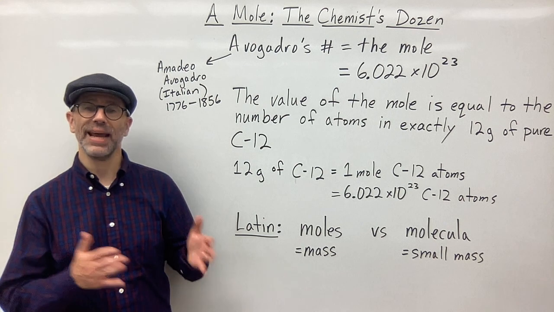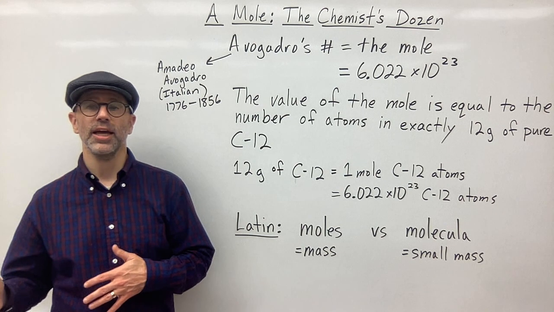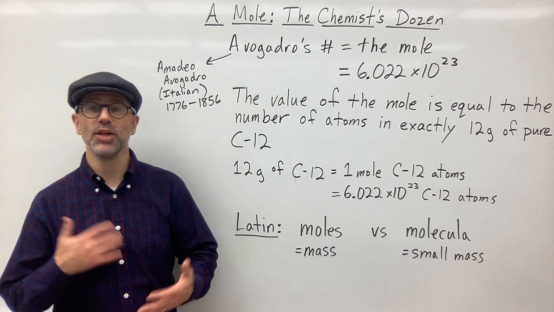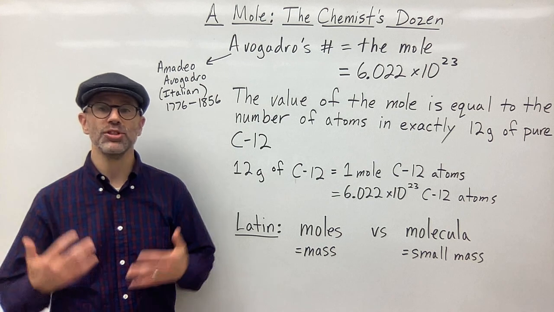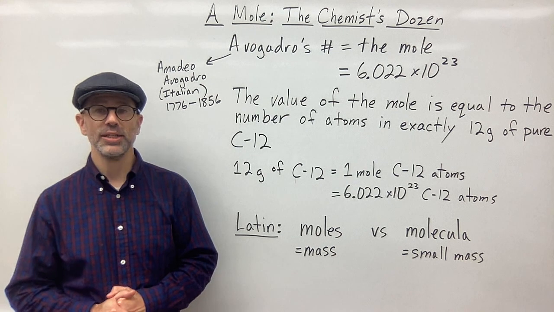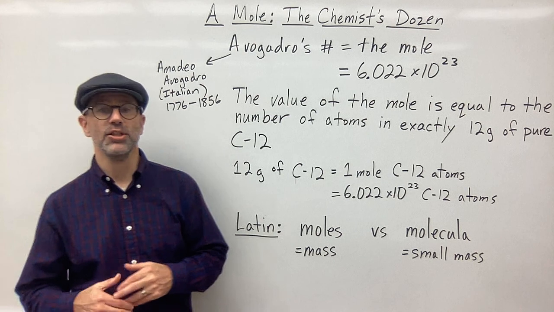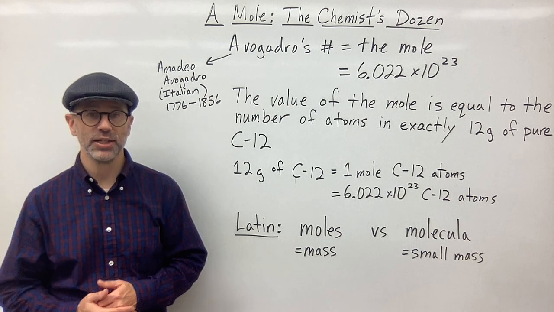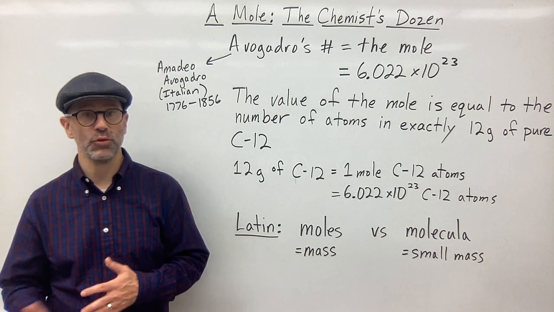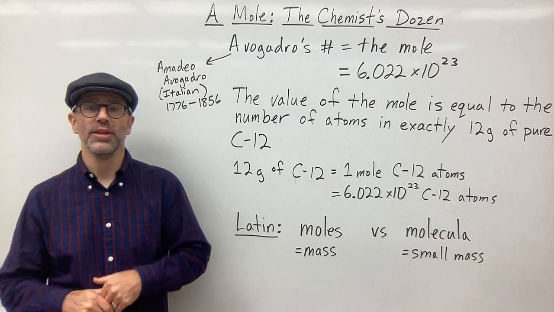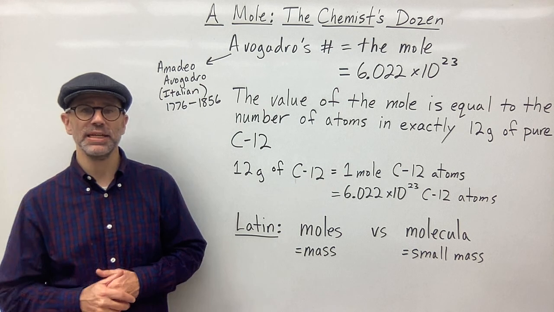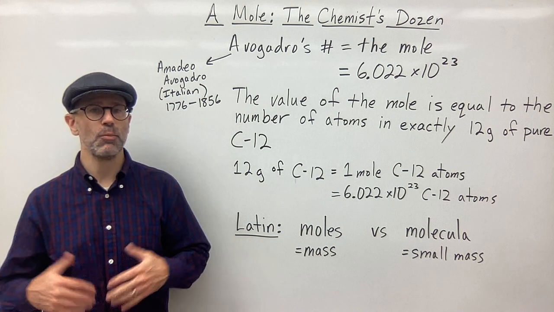So it's just a name that we give to a number in order to conveniently talk about certain amounts of things, right? So it's easier in some contexts to talk about dozens of things rather than the actual number of those things, okay? So the mole in chemistry is the same thing, the same way.